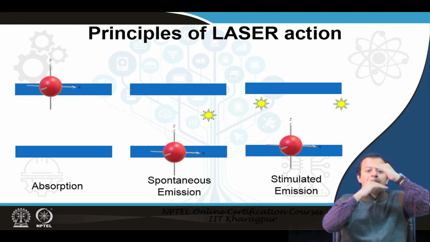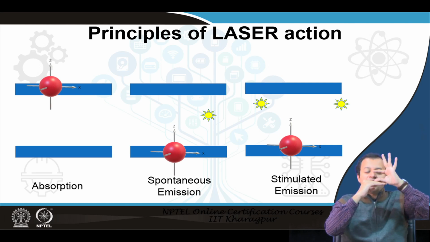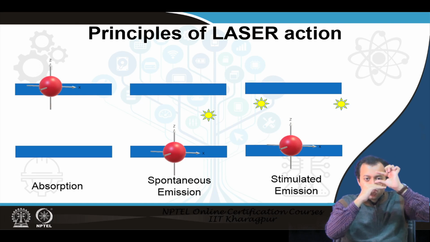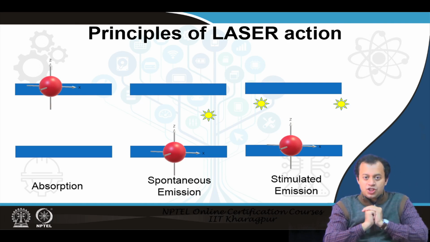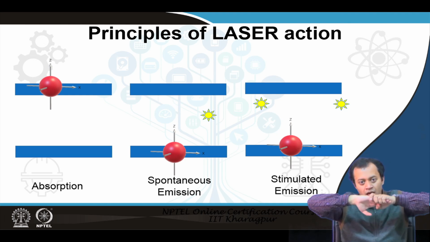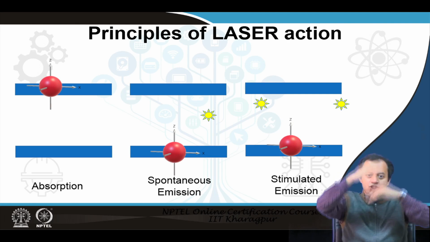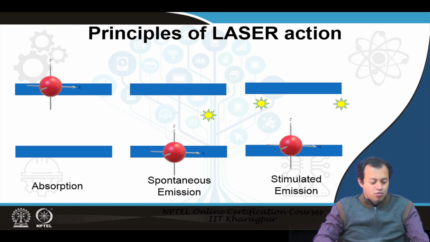As long as they are upper and lower, stimulated emission can take place, provided you have supplied energy matching the energy gap between these 2 energy states. It does not necessarily have to be from the ground state, from the lowest energy state itself. It can be any state in between. That is stimulated emission.